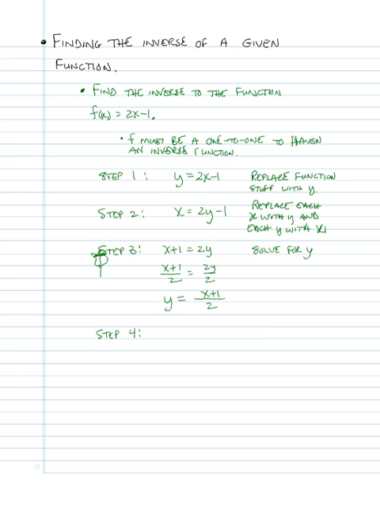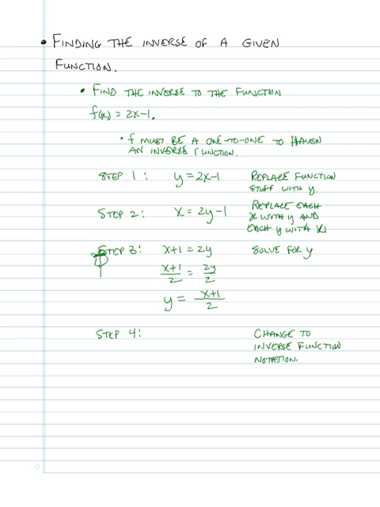is to change to inverse function notation. This is a special notation. Before, we called that function g. It was g of x is equal to x plus 1 over 2.